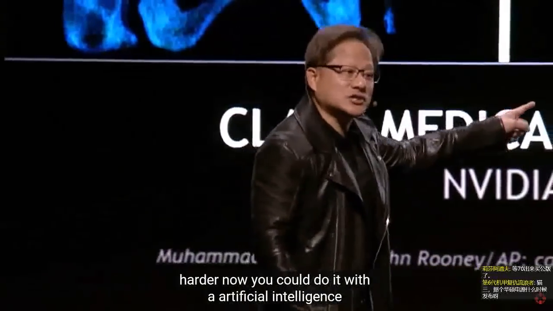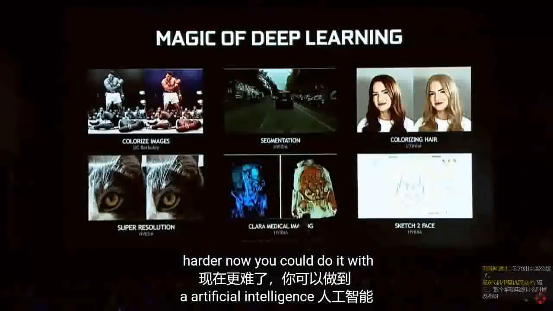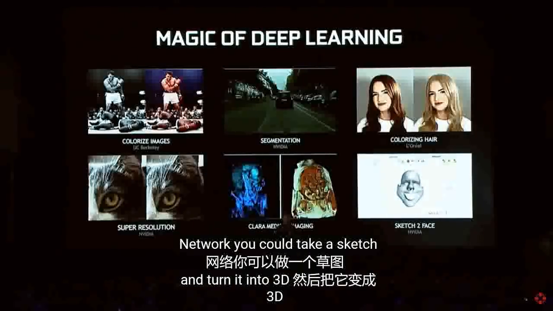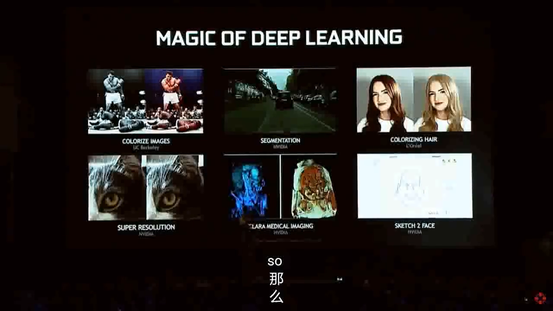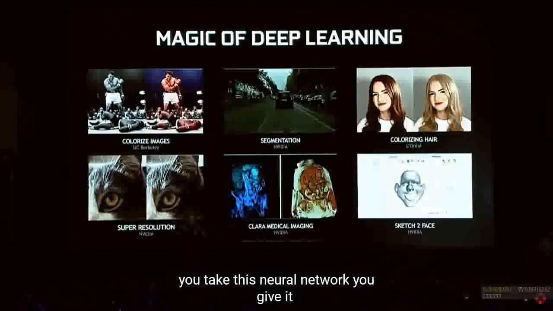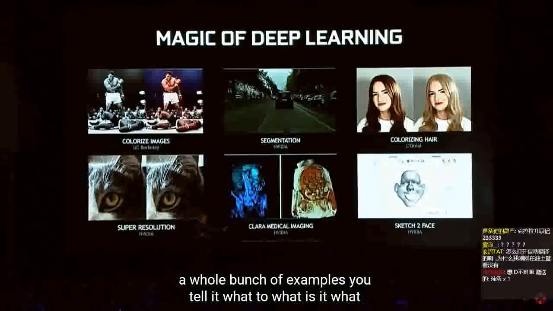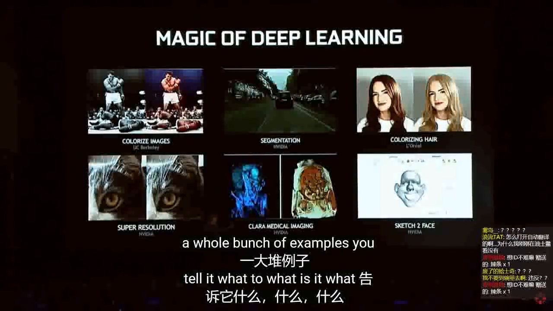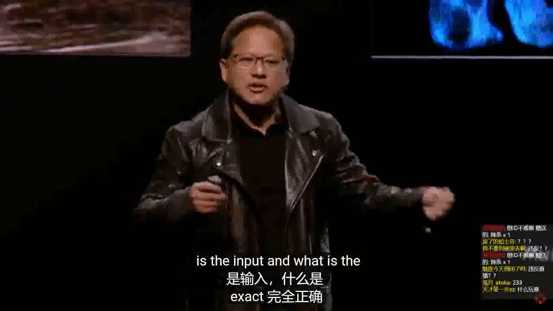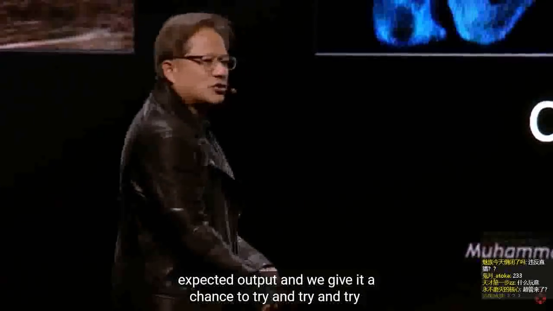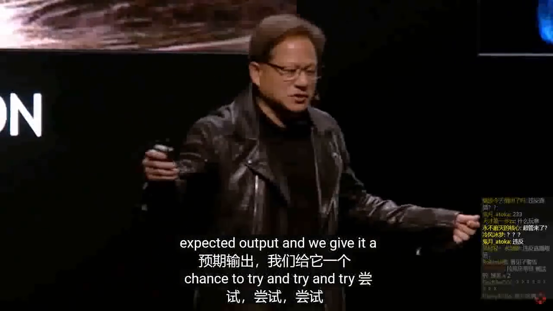You could take a sketch and turn it into 3D. So you take this neural network, you give it a whole bunch of examples, you tell it what is the input and what is the exact expected output, and we give it a chance to try again, trillions and trillions of times on a supercomputer.